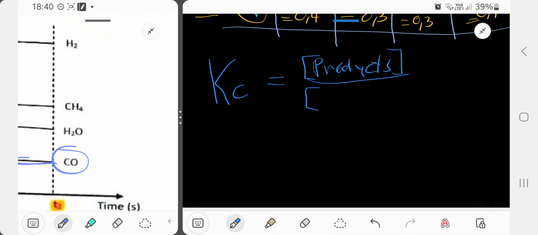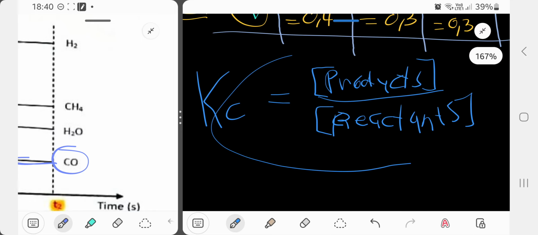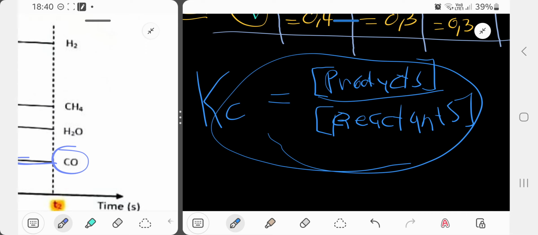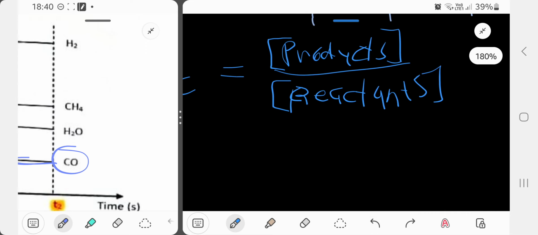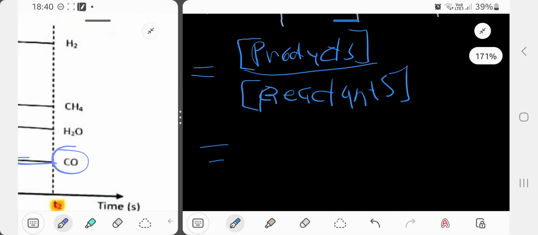Remember, the square brackets represent concentration. By virtue of that, remember that this is not necessarily a formula. You just need to apply it. You don't need to write this in the examination, on your answer paper. So now let's just fill that in.